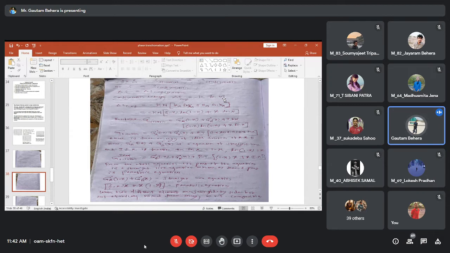If you take two dice, you may have a lot of macrostates, like 2, 3, 4, 5, 6, 7, 8, 9, 10, 11, 12. Up to 12 you can reach. So 2 is one macrostate, 3 is one macrostate, 4 is one macrostate. Like this, up to 12 you can have macrostates, right?